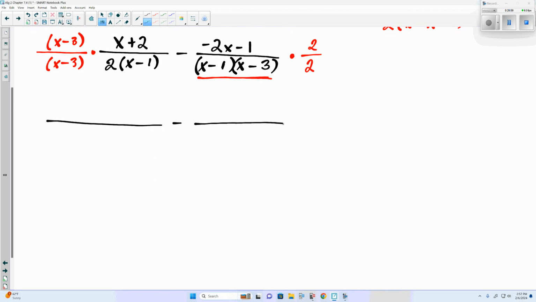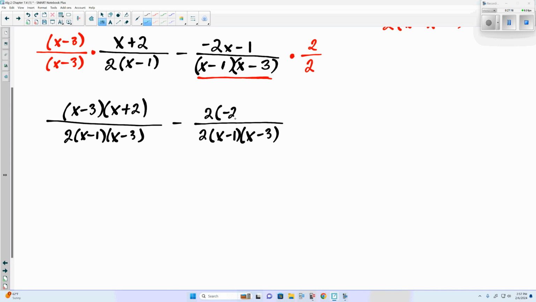Because if we multiply these out, we'd have 2 times x minus 1 times x minus 3. The other would be 2 times x minus 1 times x minus 3. Our numerators, we are going to multiply our x minus 3 and x plus 2 together. And the other we're going to multiply with 2.